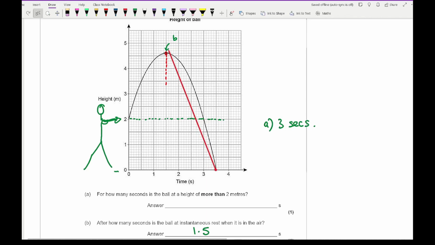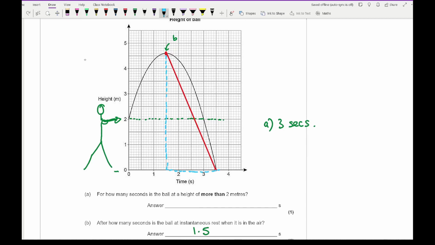Yours will be a lot easier doing this on paper than on computer. So I need to work out the gradient of that red line. So let me just get rid of those dotted red lines. If I turn that into a triangle, I can see straight away that that's going to give me a negative gradient or a rate of decrease.